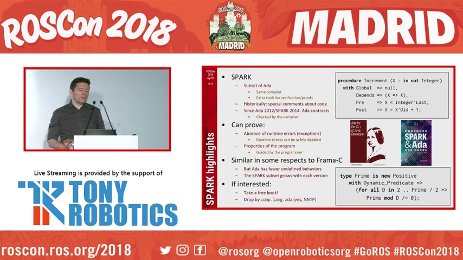Finally, to conclude, just a note about Spark, which is a proper subset of Ada. That means that it can be compiled with the same compiler, and that it uses the design by contract features of the language to prove things about the code or to detect problems with the code. For example, we have preconditions, postconditions, or we could have a type that ensures that only prime numbers can be stored in this kind of variable.